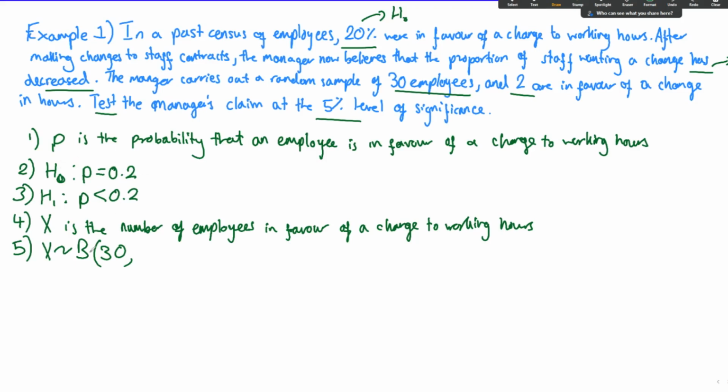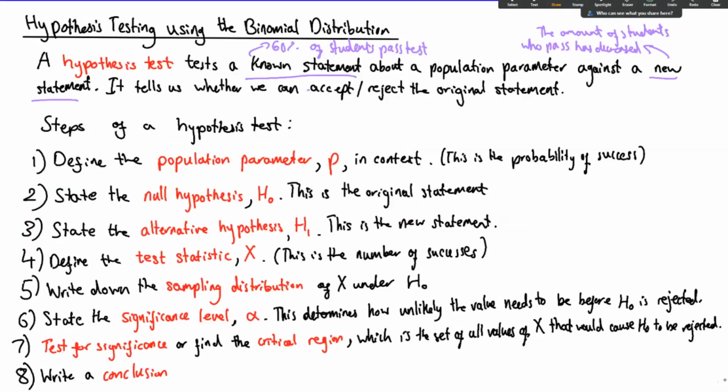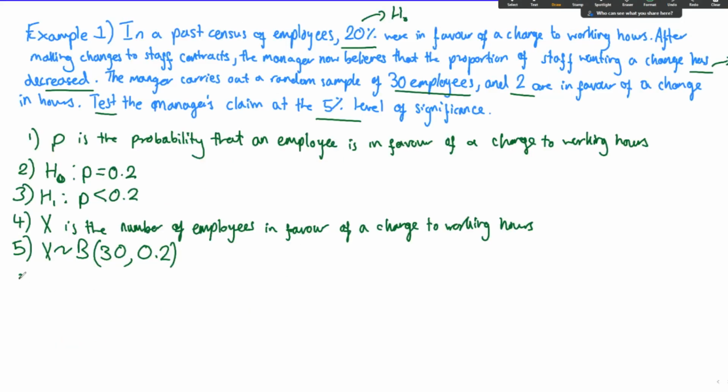So that would be 0.2. We also have to state the significance level, alpha. So alpha equals, well, this is the level of significance, 5%, or sorry, it would be 0.05, or put it in decimal form.